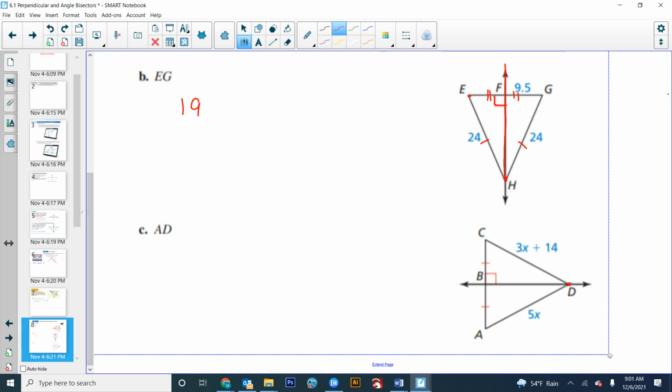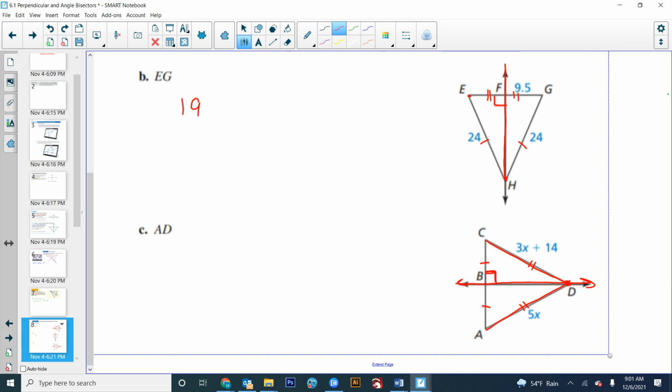D is on the... What's this thing called again? An angle bisector. Not angle bisector, but the segment bisector. Or the perpendicular bisector. There you go. Therefore, D must be equidistant to the endpoints.